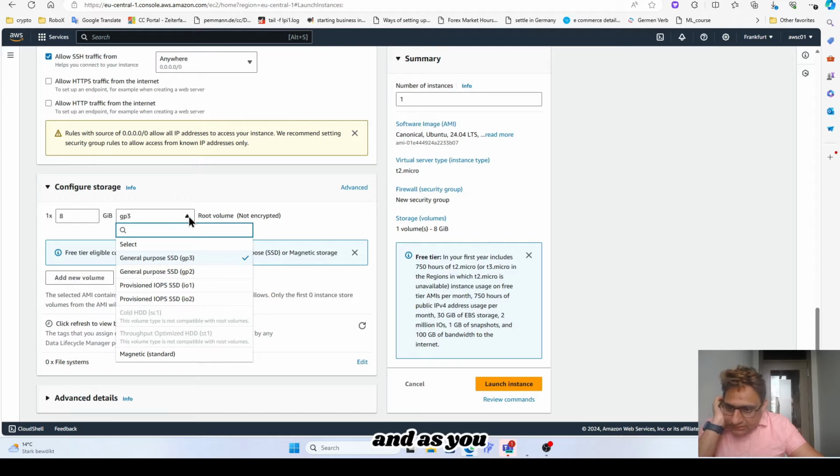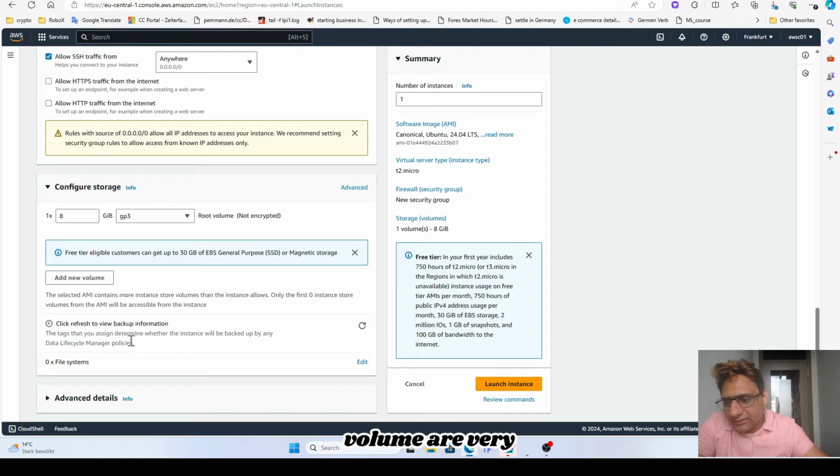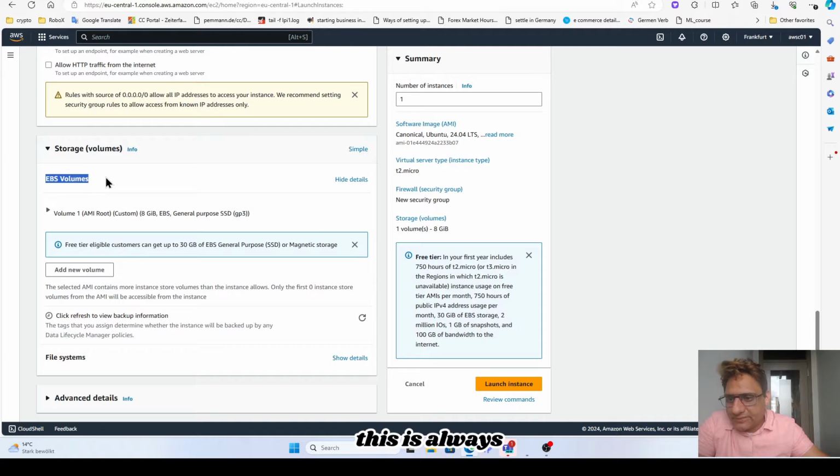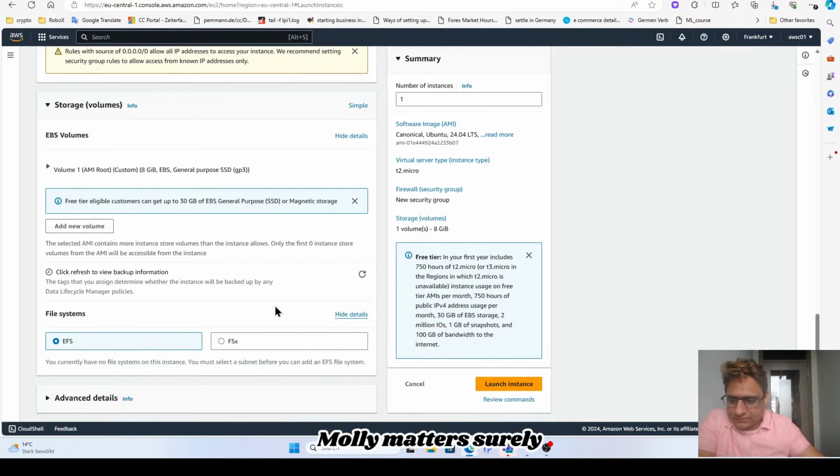As you can see, there are different types of volume right here, like standard magnetic, SSD or GP2 based, and IO1 based. These volumes are very important. For example, this is always an EBS volume, right? Amazon Elastic Block Store, or whichever volume it is. You can also go to EFS, Elastic File System, or FSx.